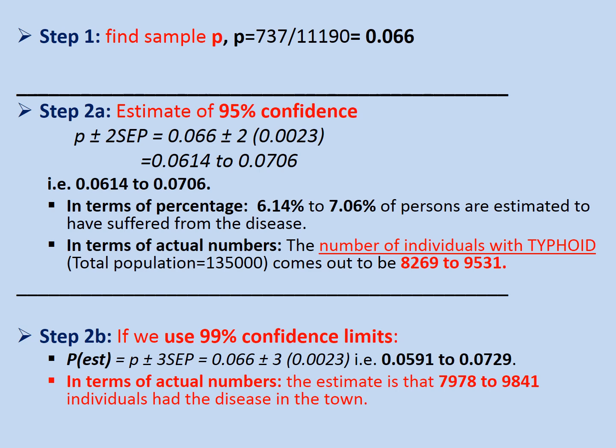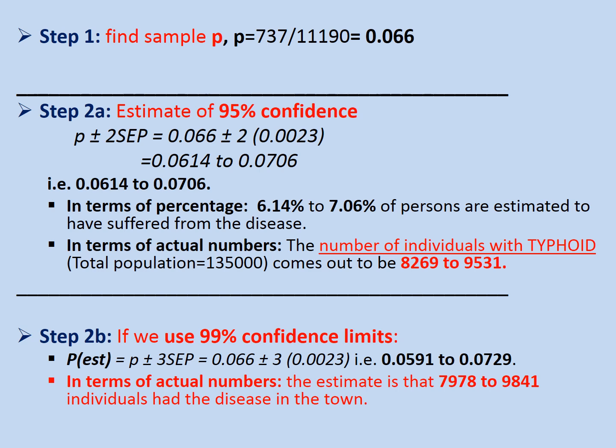The interpretation is that if we apply the sample proportion to the whole population with the help of the standard error of proportion, we estimate that in a total population of 1,35,000, almost 8,269 to 9,531 people may be affected, or already affected, with typhoid.